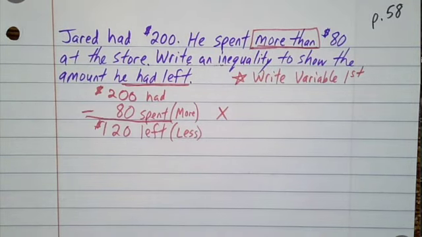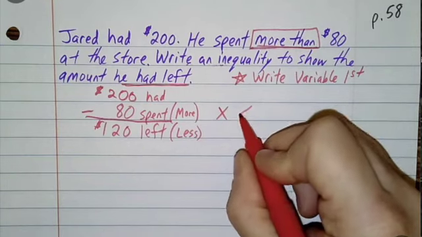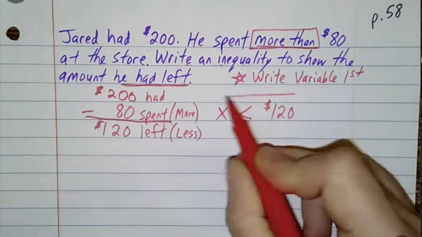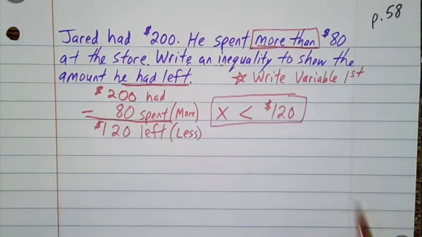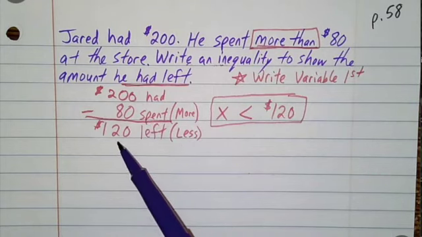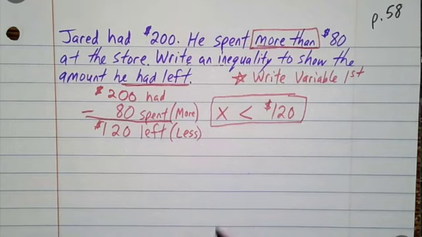So you'd have to say x is less than $120 for your inequality. He had 200. If he spends more than 80, then he's left with less than 120, because if he spent exactly 80, he would be left with exactly 120.